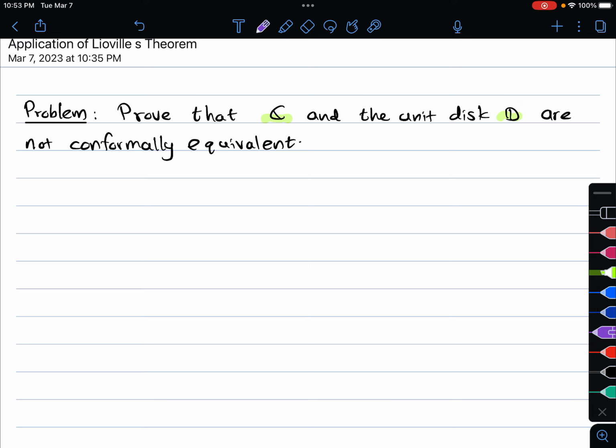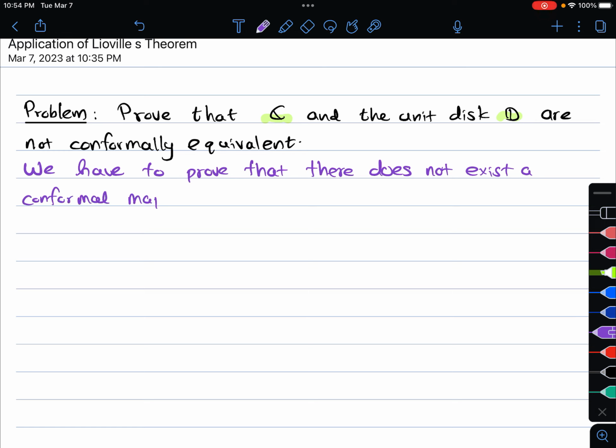So that means we have to prove that there does not exist a conformal map f from the complex plane to the unit disk. This is what I have to prove.